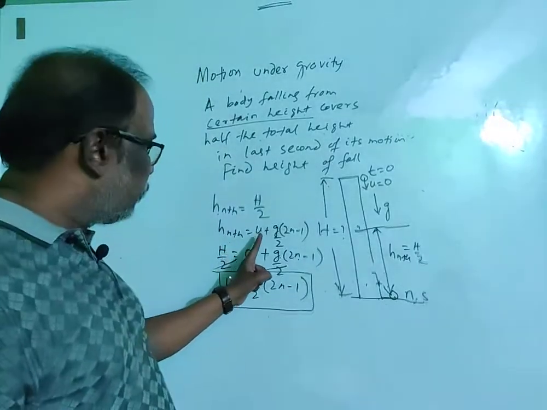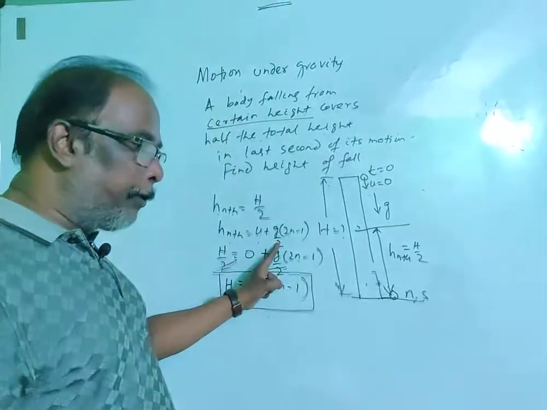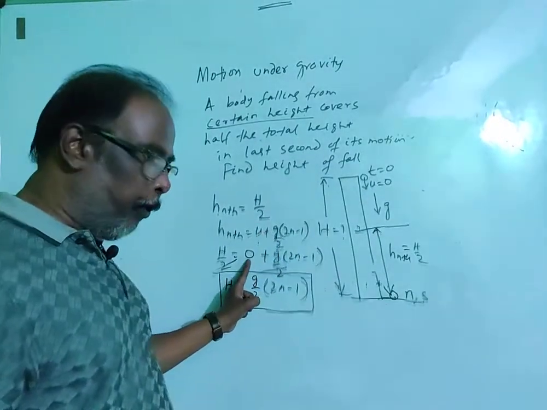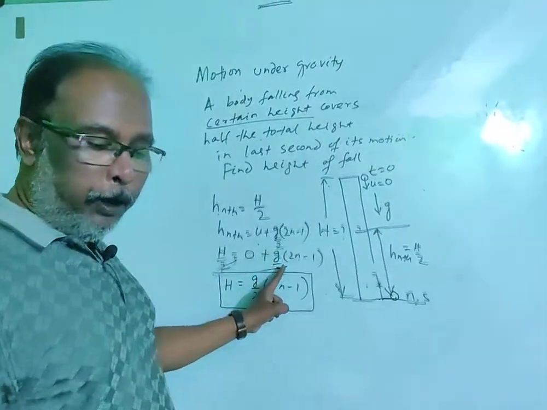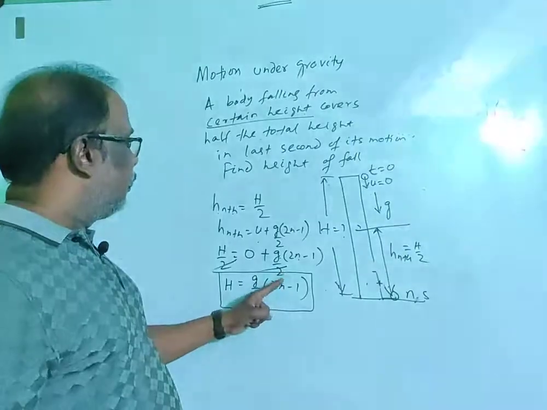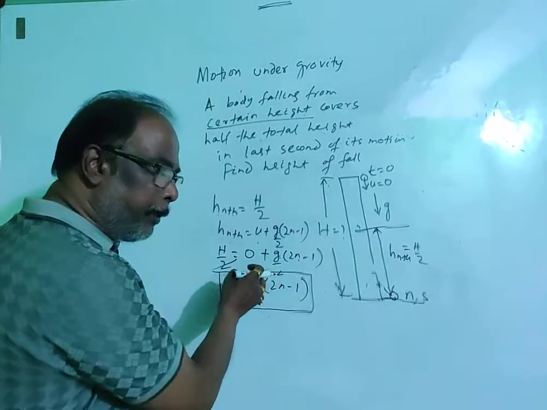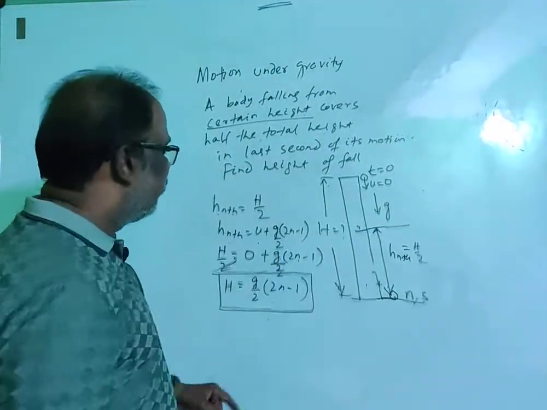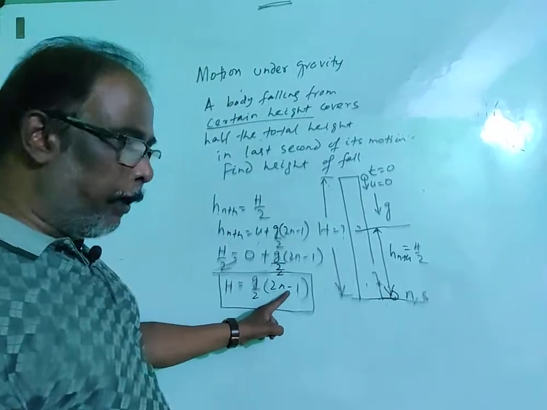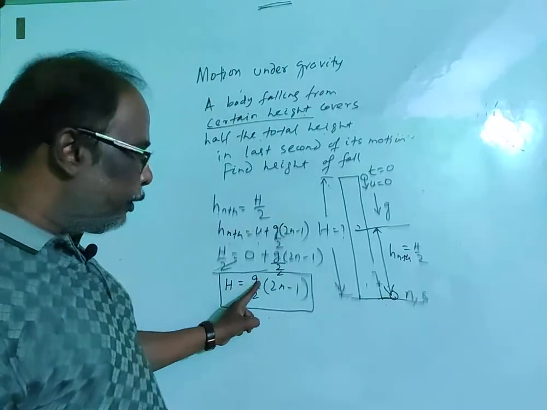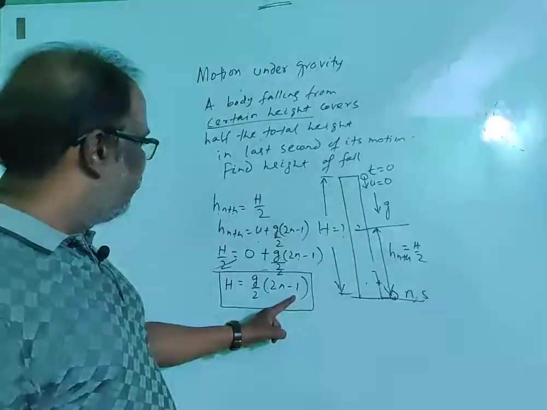Certain height is h, h by 2 is equal to g by 2 into 2n minus 1. This is a mistake. The 2s get cancelled, so h is equal to g into 2n minus 1.